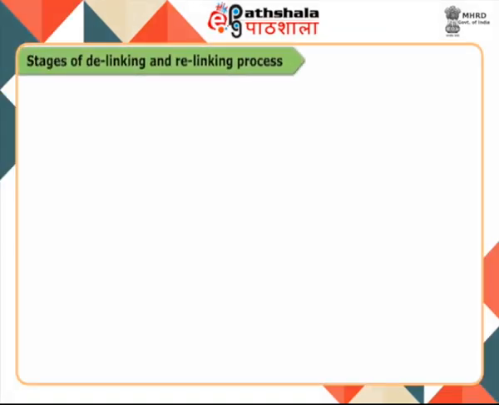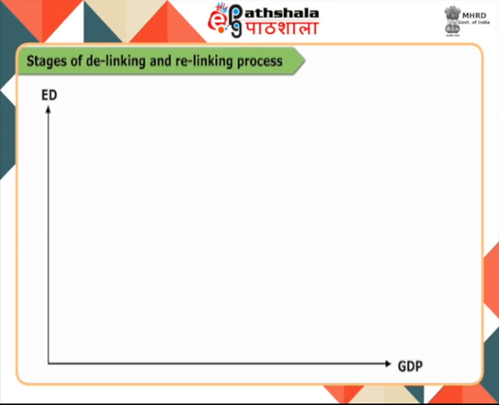Let us now illustrate the delinking and relinking process with the help of a diagram. The entire process signifies that EKC would not hold in the long run. What one can foresee is an N-shaped curve which exhibits the same inverted U-shaped pattern initially.